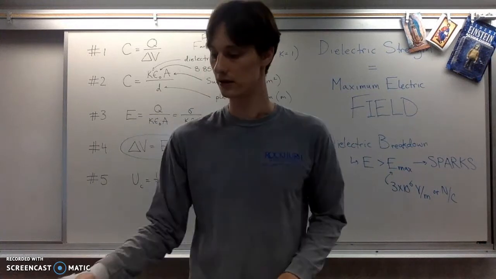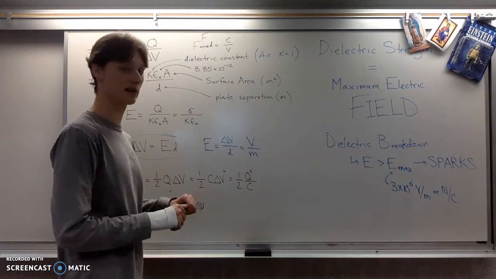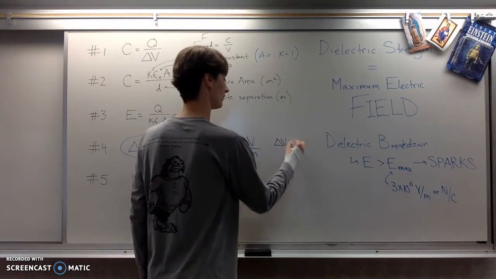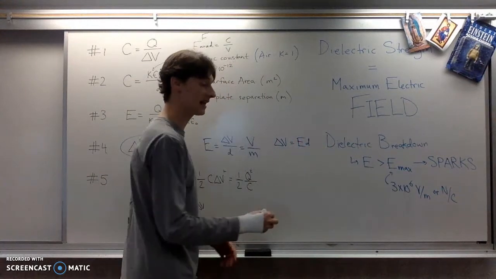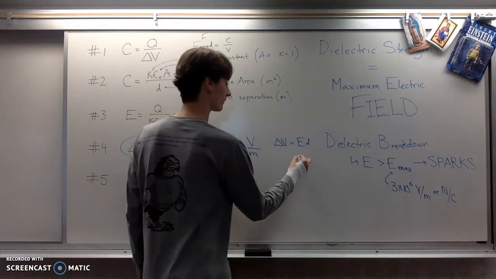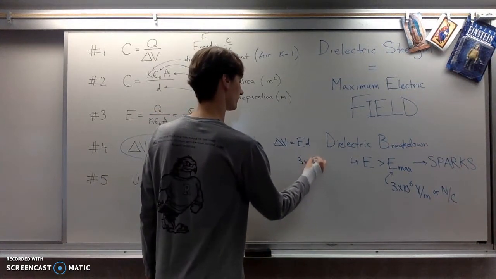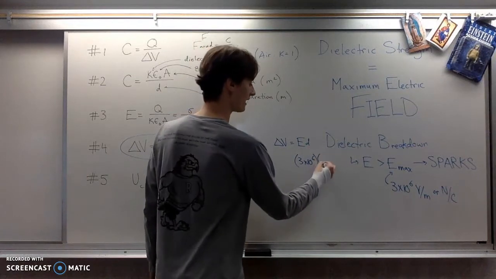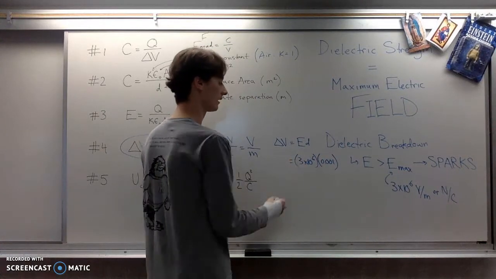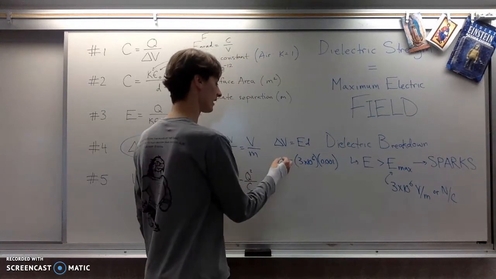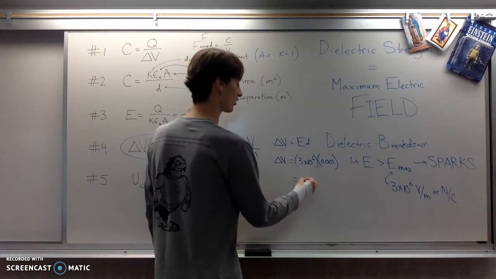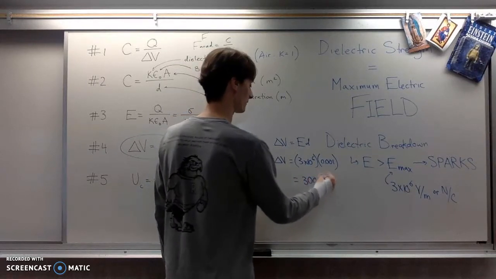So using my equation delta V equals E d, if the electric field can be a maximum of 3 million volts per meter, and the plate separation is 1 millimeter, which would be 0.001 meters, 1/1000th of a meter, that would mean that the potential difference on the plates was 3,000 volts.